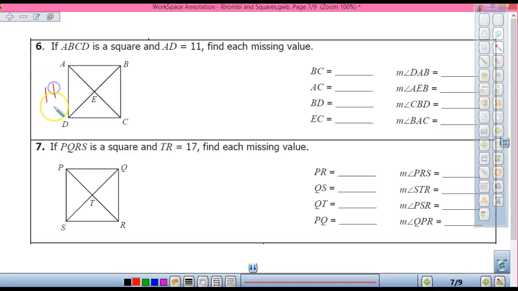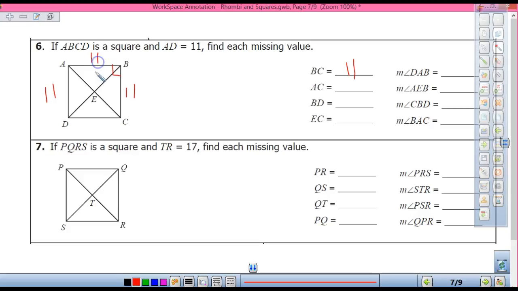AD is 11. That's all we need to know a whole bunch of information. What's BC? Why? 4 congruent sides, or opposite sides are congruent, either one. AC, how can we find AC? Why can we use Pythagorean theorem? Because we have 4 right angles, right?